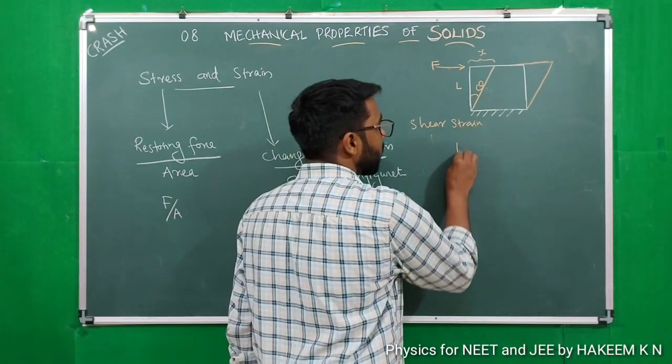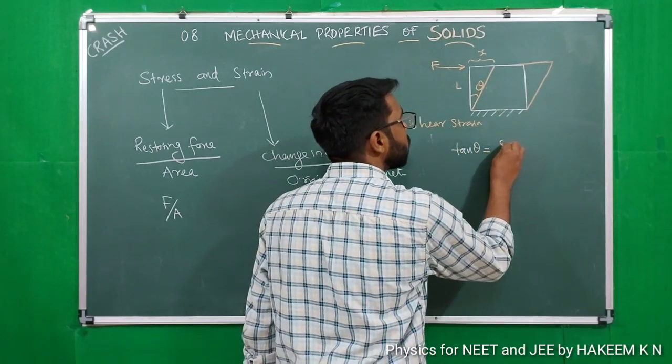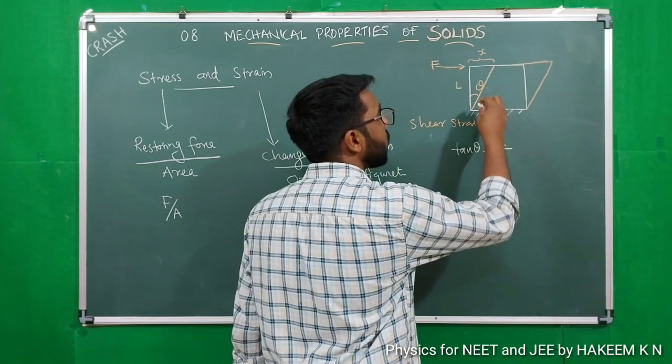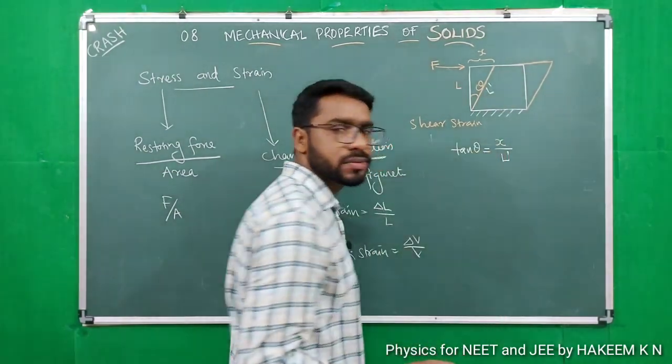For shear strain, here we can take tan theta. Tan theta equal to opposite side by hypotenuse. Hypotenuse I am giving here as L dash.